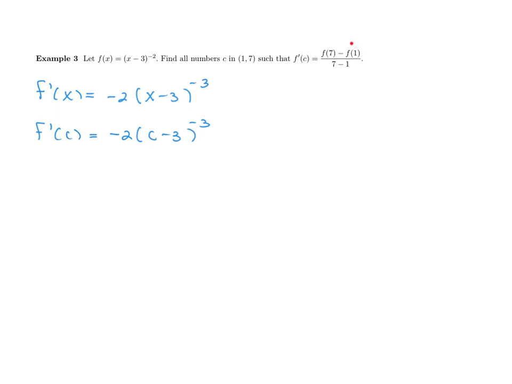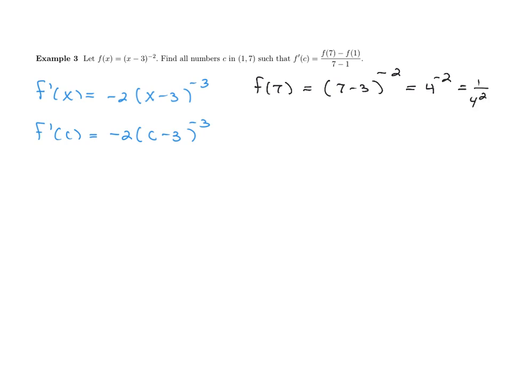Okay, what is f of 7 minus f of 1 all over 7 minus 1? Let's compute that next. So f of 7 is equal to (7 minus 3) to the negative 2. That is 4 to the negative 2, which is 1 over 4 squared.